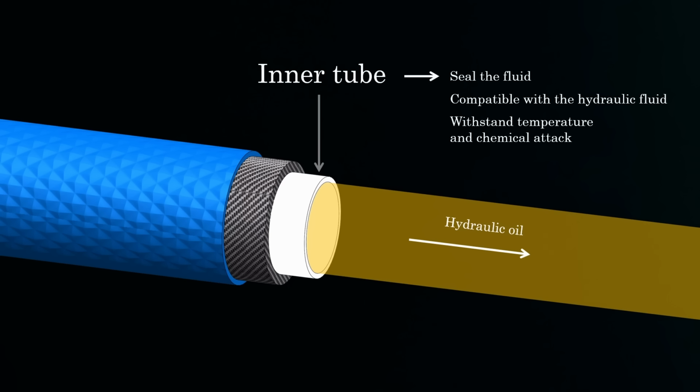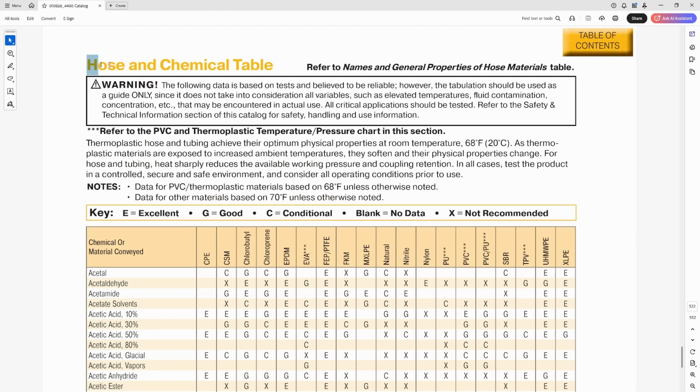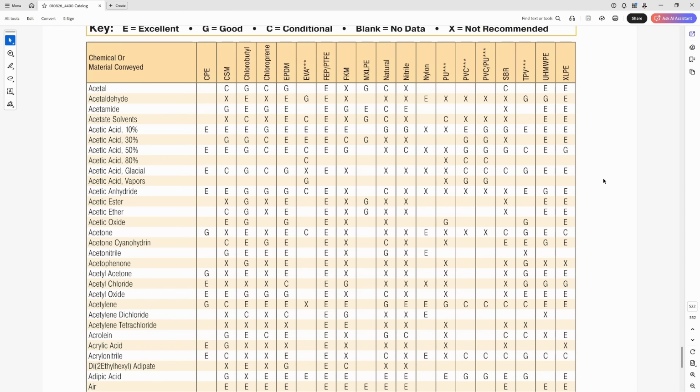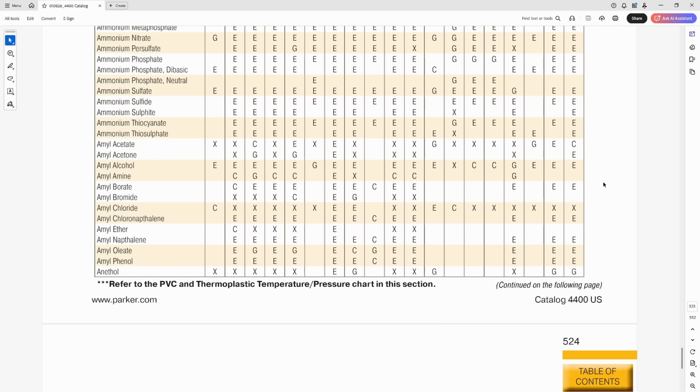This layer does not carry the pressure strength; it only contains the fluid. For hydraulic oil and petroleum-based fluid, the inner tube is usually made of nitrile rubber. For other fluids and chemicals, the inner tube is selected from the compatibility chart in the catalog.